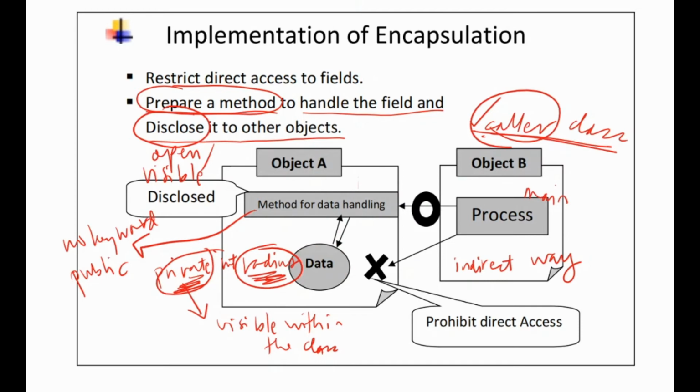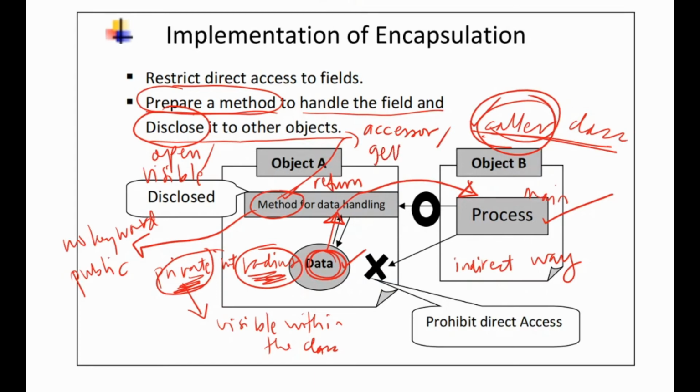If, however, the purpose of this method is to access this private data so that it gets the value of this data and make that value available to the caller class, meaning this method will return to the caller the value of this private data, then we call this method an accessor method or a getter method.